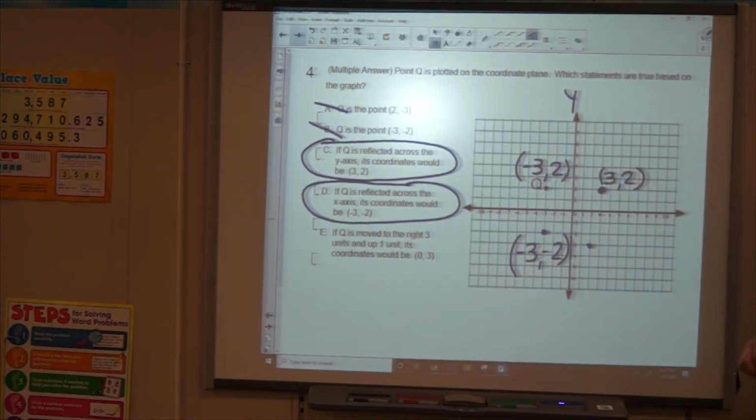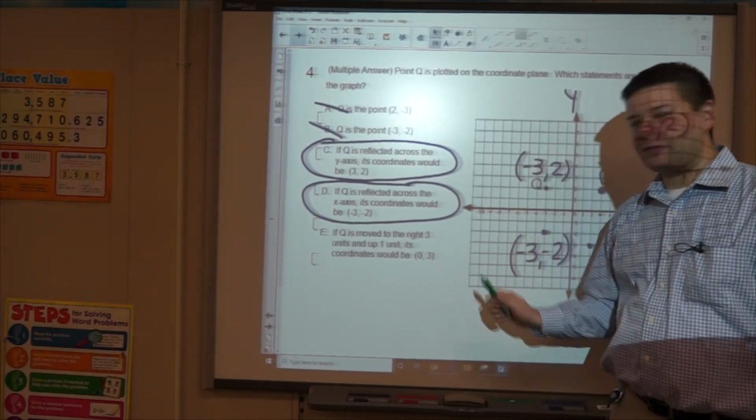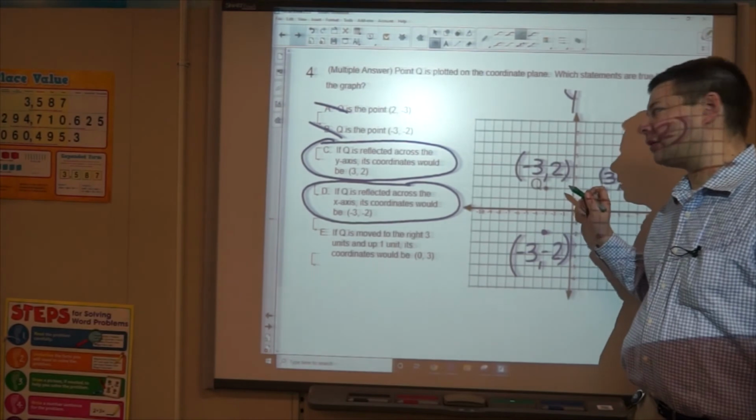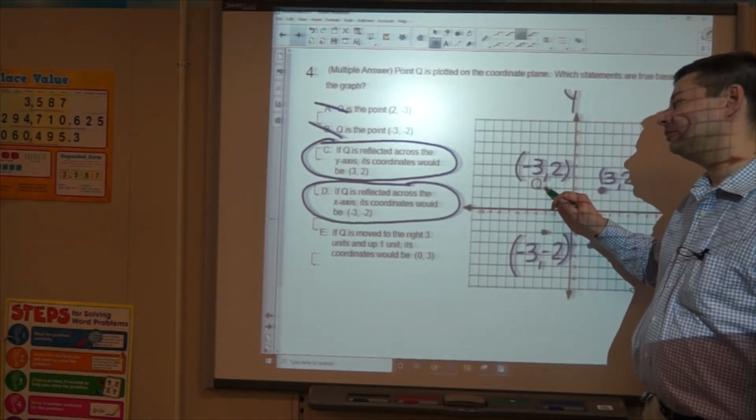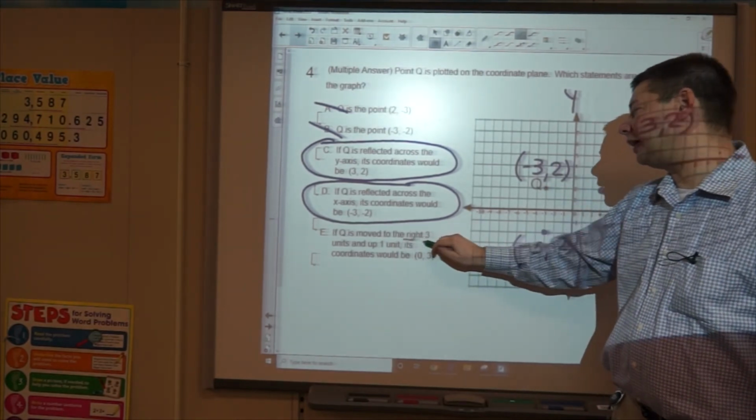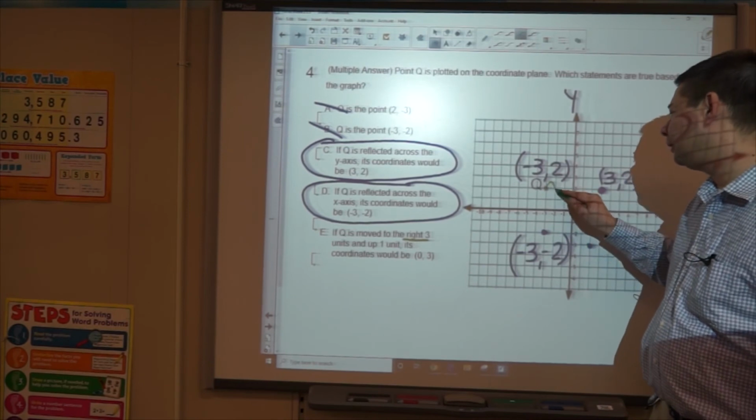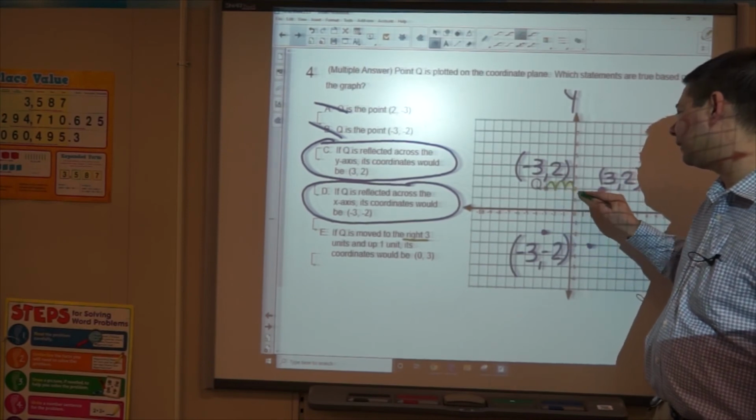Finally, letter E, it says if Q is moved to the right 3 units and up 1 unit, its coordinates would be 0, 3. Well, let's take a look at it. So I'm going to use a different color here. You can do this on your paper as well if you need to. But here's Q. It says if I move it to the right 3 units, so 1, 2, 3. Boom, there it is.